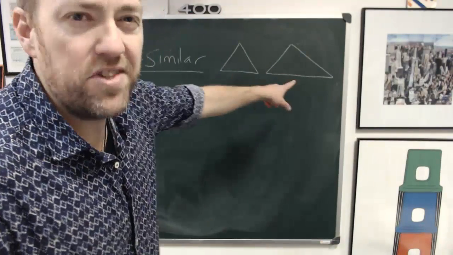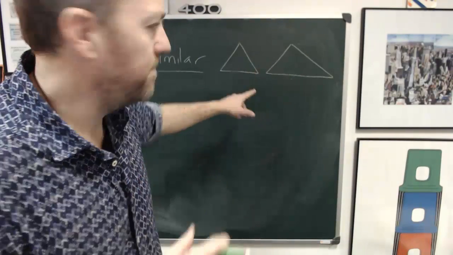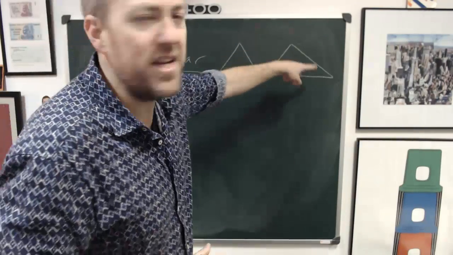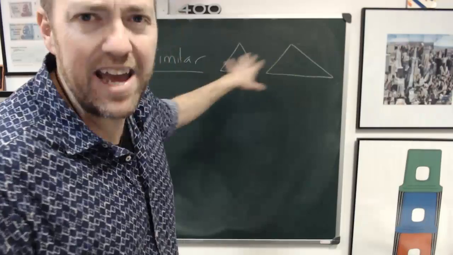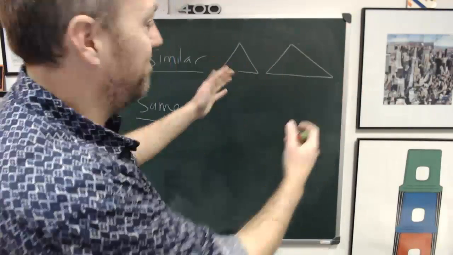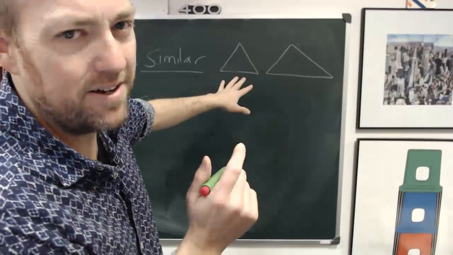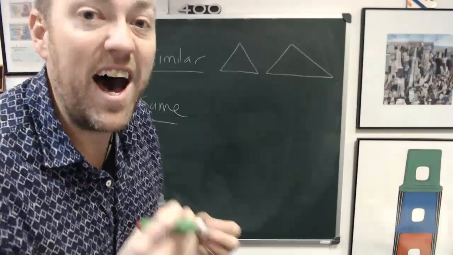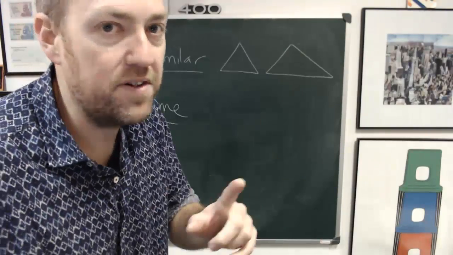You see, they are similar. 1, 2, 3 sides, triangle, but this one is longer. So they're similar. Same means identical, no difference.